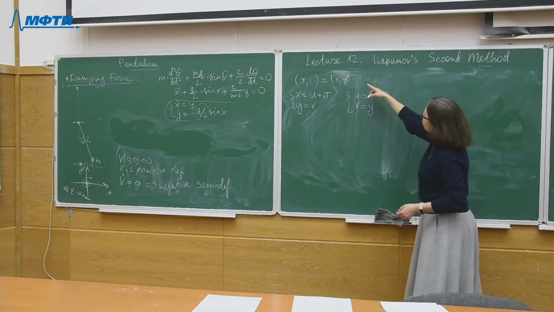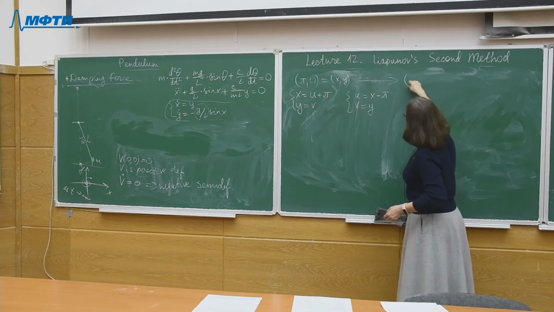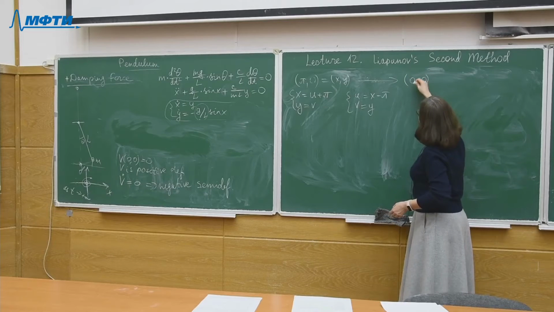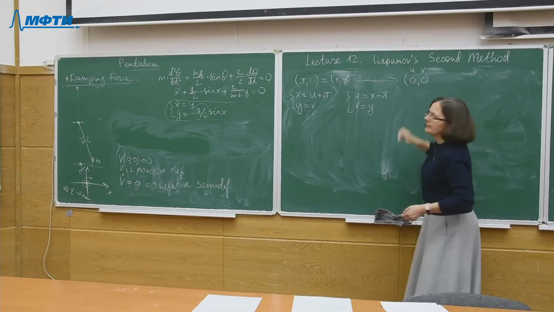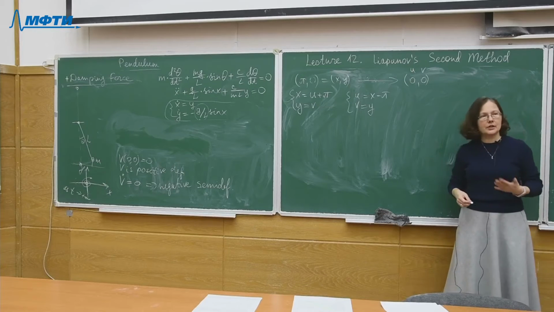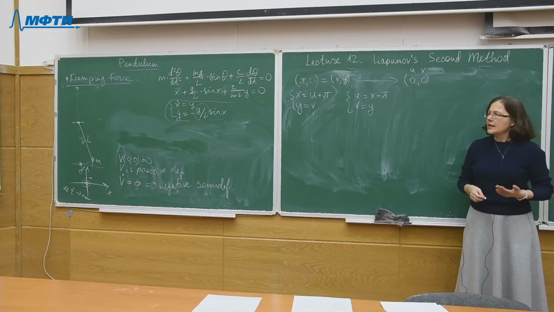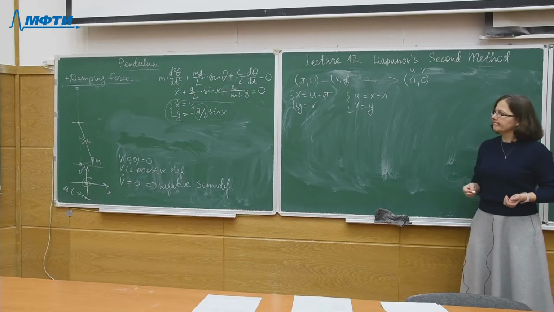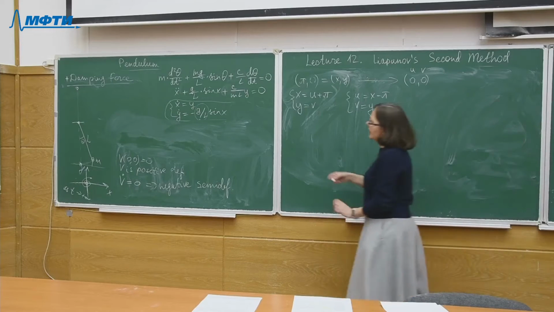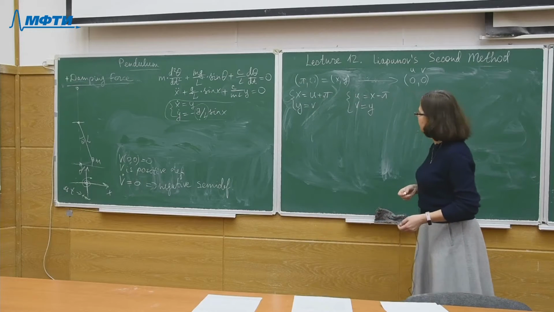Then this equilibrium position will move to the origin in terms of coordinates u and v. Is it clear? So we make a translation of the coordinate system to move our critical point to the origin. Next, we need to rewrite our system in terms of the new coordinates u and v.